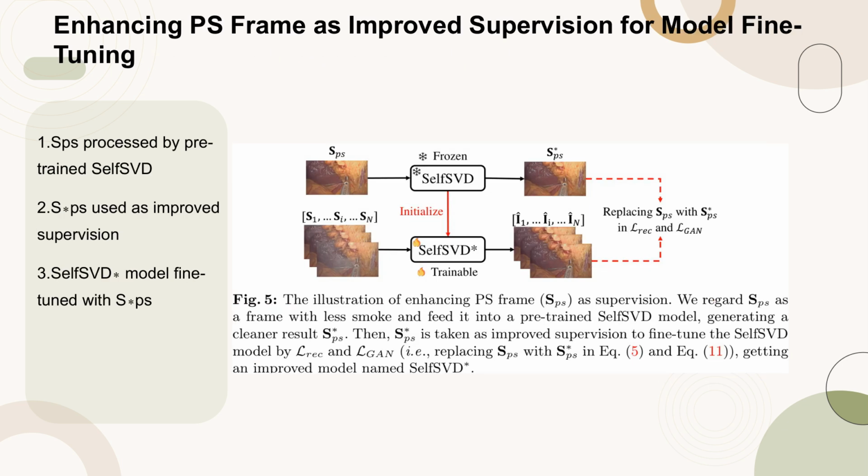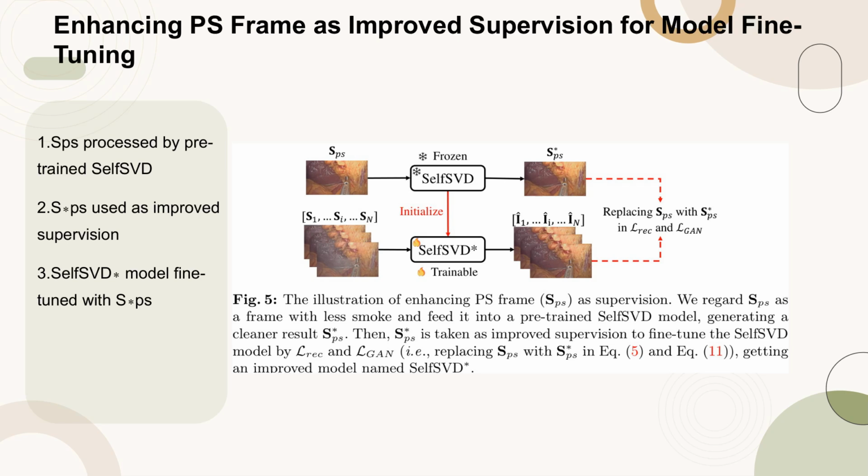Figure 5 illustrates the process of enhancing the PS frame, S_PS, as supervision. Initially, S_PS is considered a frame with less smoke and is fed into a pre-trained SelfSVD model, resulting in a cleaner output, S*_PS.